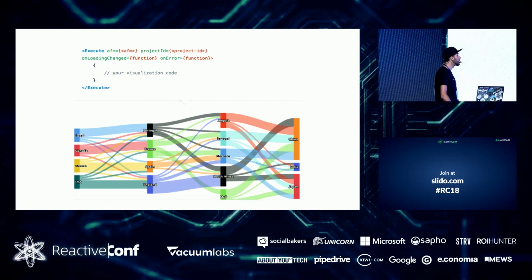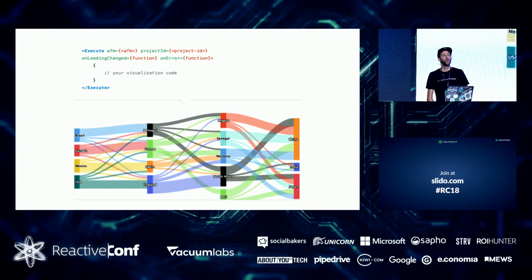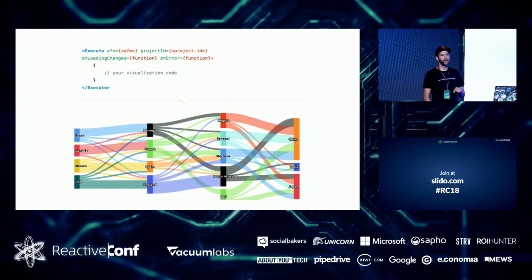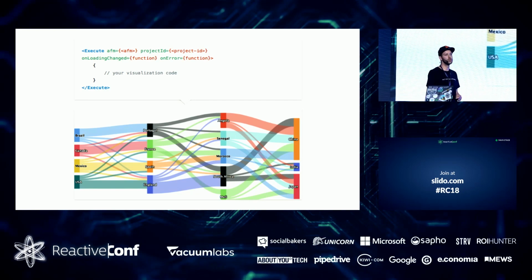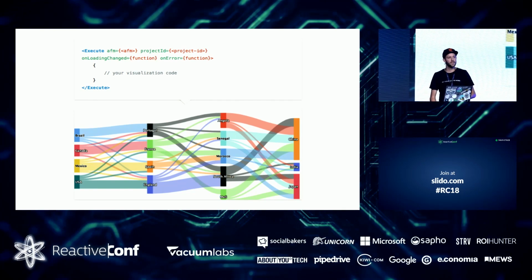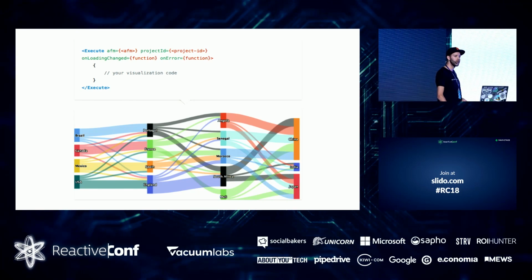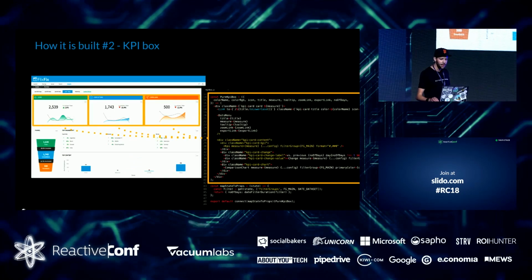So there we go, using the so-called execute component, which allows you to wrap any lines of your custom code or the visualization you need to use, no matter if it is D3, Highcharts, or whatever visualization package on NPM.